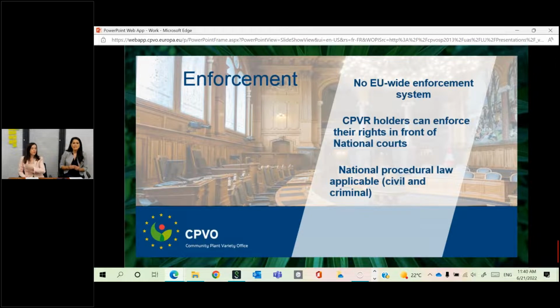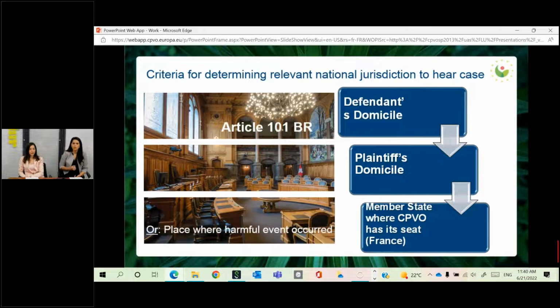And finally, since infringement is assessed by a national judge, of course, the route to be followed depends on the national procedural law. And this can be criminal or civil law. It really depends on the national legislation because sometimes the infringement of intellectual property rights in some member states of the European Union is a criminal offense, and this is not the case for all of them. I will end this with Article 101.